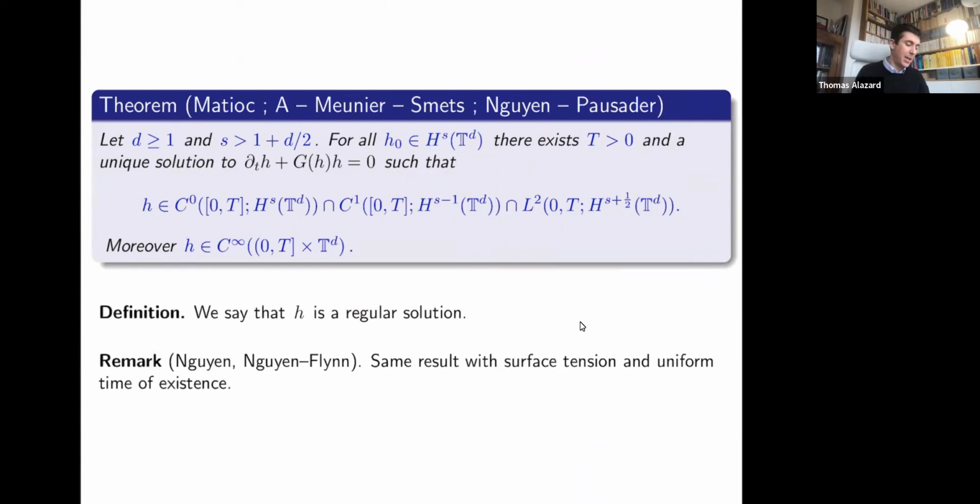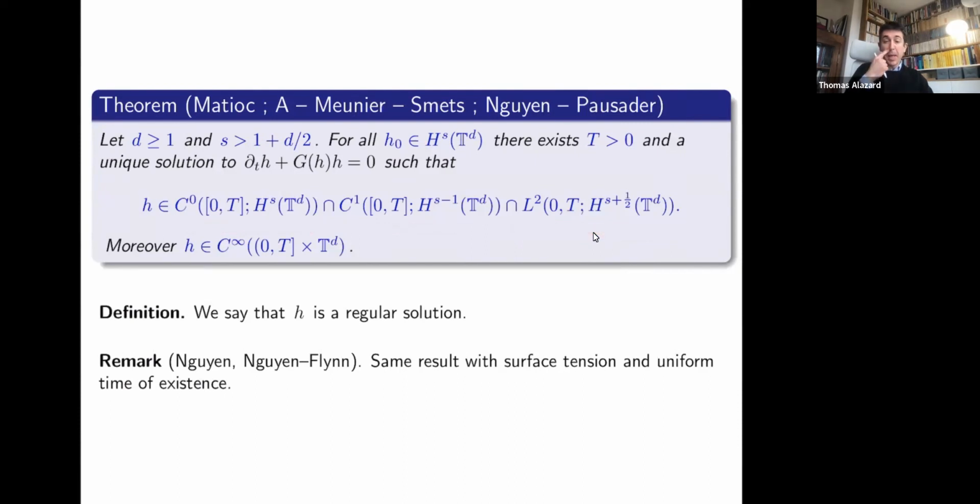More precisely, given any dimension d and any index s strictly larger than 1 plus d over 2, for any initial data h0 in H^s, the Sobolev space H^s, you can find a time T and a unique solution to the elliptic equation, which is continuous in time with value in H^s, C1 with value in H^(s-1), and L2 in time with value in H^(s+1/2).